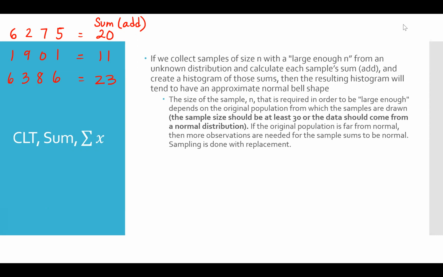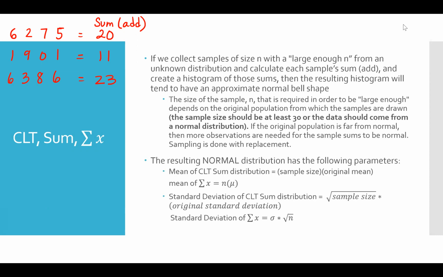But again, if you're really totally different from a normal distribution, then you probably want to have a larger sample than that. And again, we do sample with replacement, which means you would select it, record it, put it back. Choose another one, record it, put it back. And the results for the central limit theorem for the sum have the following parameters.